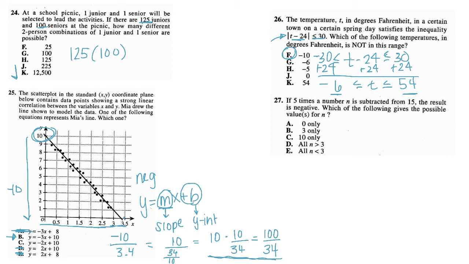That's the algebra. Now, if you wanted a different way, you can plug in your answer choices and see if you get a true statement. So let's take our answer choice F and see what that means. If I take the absolute value and let t equal negative 10, minus 24, is that less than 30?